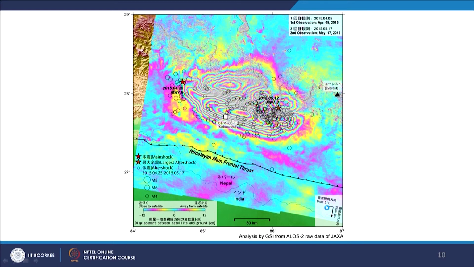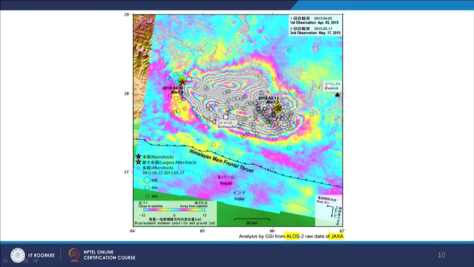Now, I bring another example from an earthquake which occurred in Nepal, where basically two earthquakes occurred, one on 25th of April 2015, another on the 12th of May 2015. See the fringes which you are seeing, very close fringes in a small area. For this interferogram analysis, ALOS PALSAR data was used, not Envisat, which is of course no longer available, nor Sentinel.